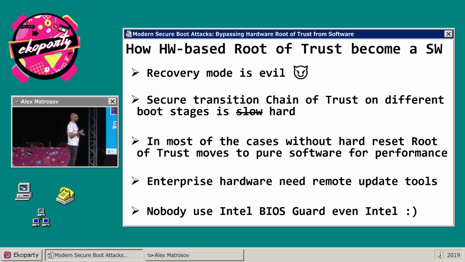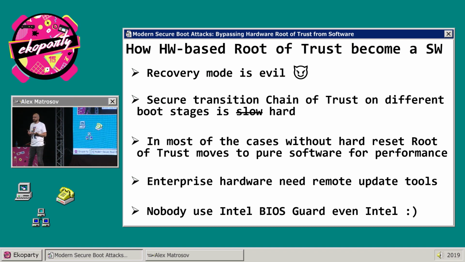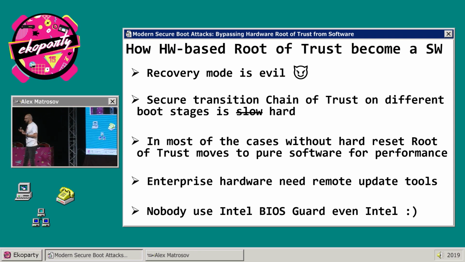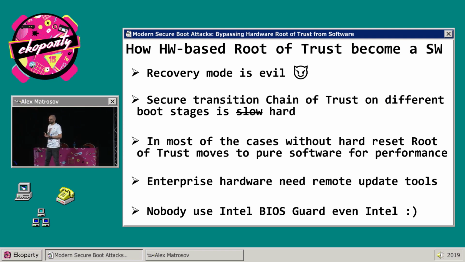How did the hardware root of trust actually become software? First of all, recovery mode is evil, and it's hard to implement security in hardware related to recovery mode correctly. The security transition of the chain of trust across different boot stages is actually very slow, which is why it's hard to implement securely.